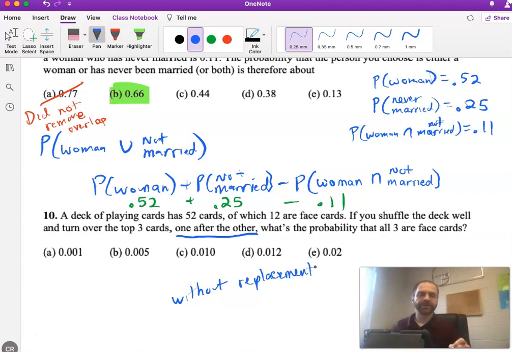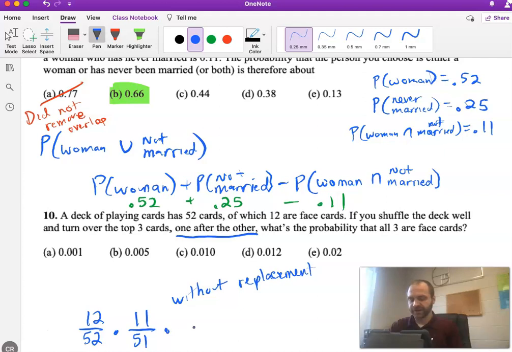So without replacement, when I turn over the first card, I have a 12 out of 52 chance of getting a face card. If I turn over the second card, now I only have 51 cards, and I have a chance of 11 face cards, if that first one was a face card. That event occurred, so now one face card is gone, so I have 11.